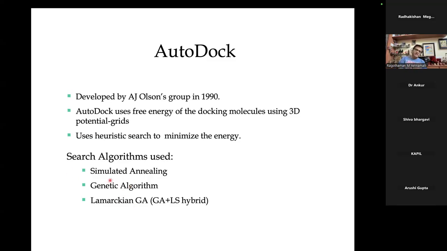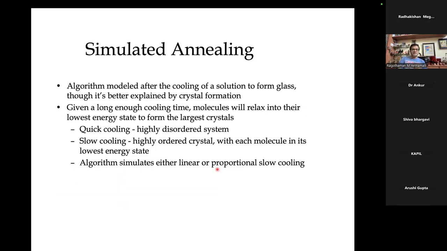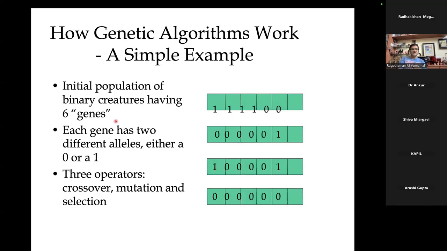So the one that I'm talking about is the genetic algorithm. Genetic algorithm is nothing but, I'll just show you. Let us say you have binary creatures. Binary creatures are those that have zeros and ones, and they have 6 genes. Each gene has an allele, 0 or 1.